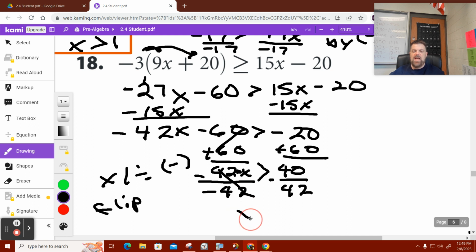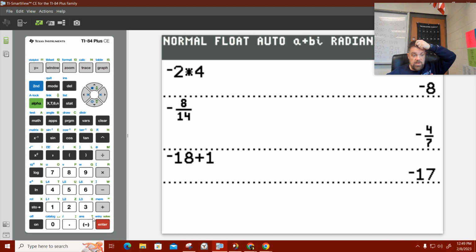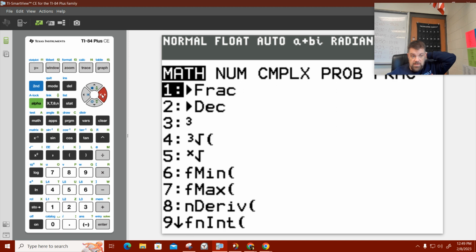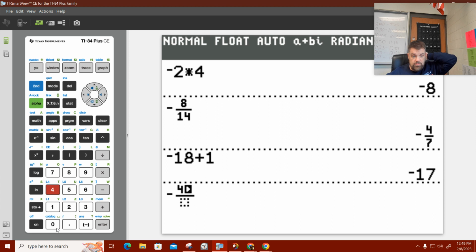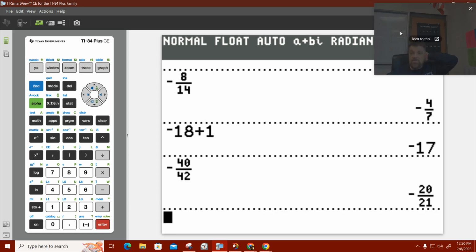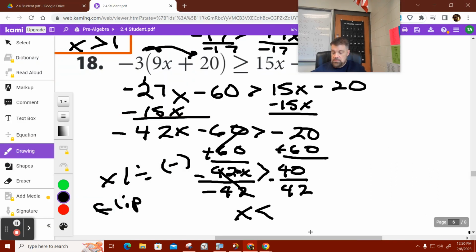This becomes 1x. I have to flip the symbol, right? And then what about negative 40 over 42? Can that be reduced? Let's see. I'll use the calculator, hit enter, and say 40 over 42. Hey, it's negative 20 over 21. And that is our final answer.